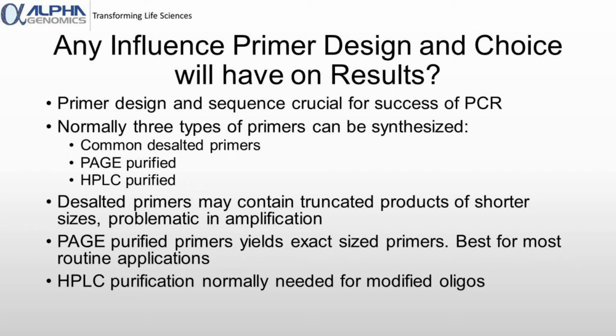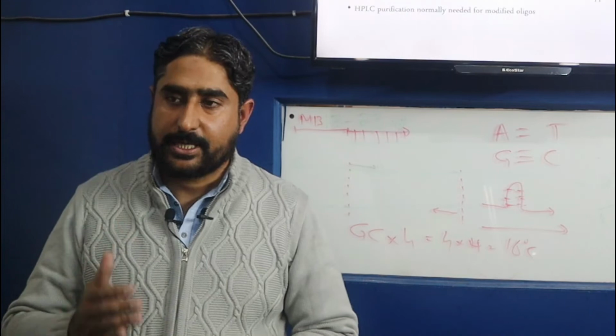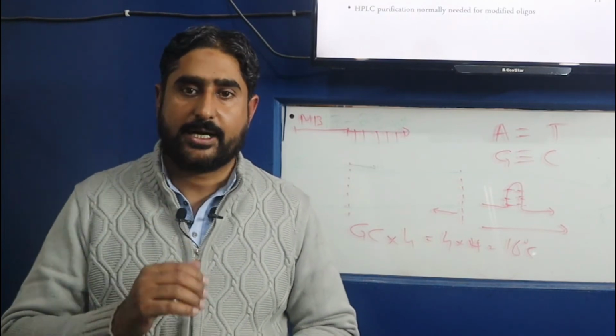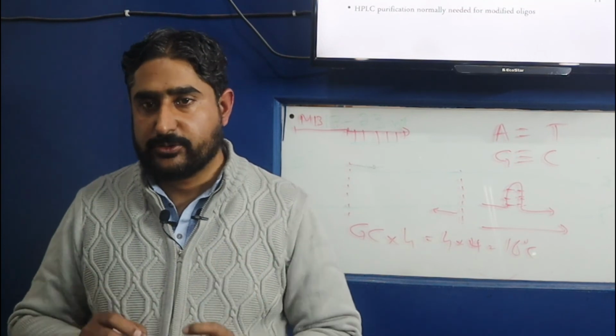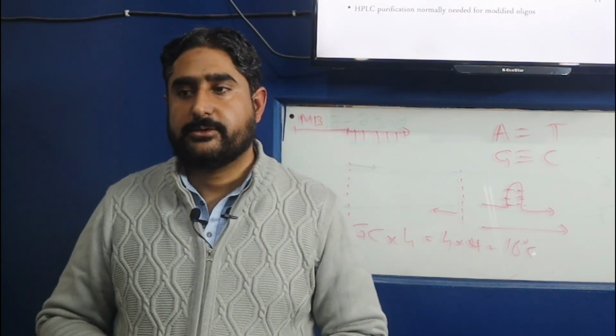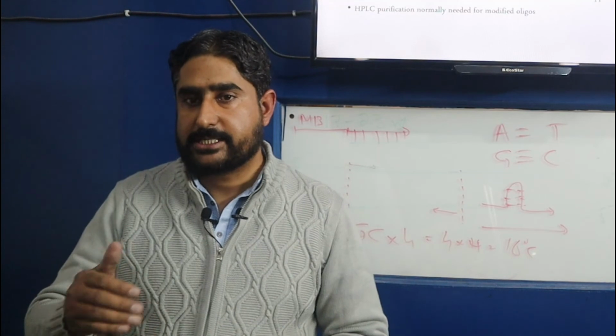The problem with the common desalted primers is that during the synthesis step, when we order the synthesis of these primers from the commercial companies who synthesize these oligos, shorter chain oligos are already accumulated as byproducts.